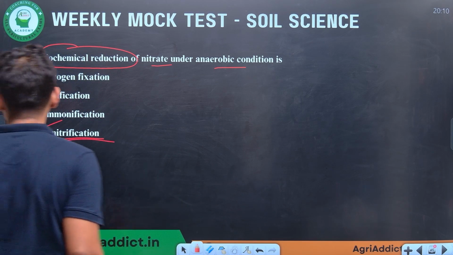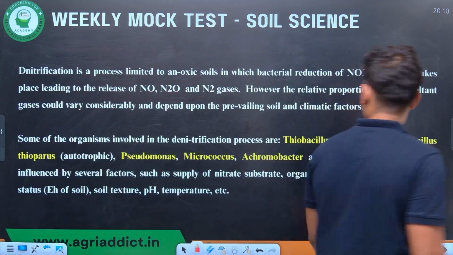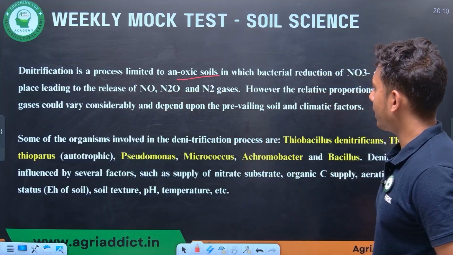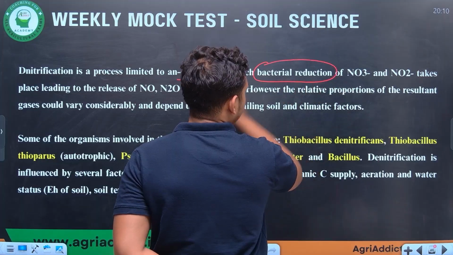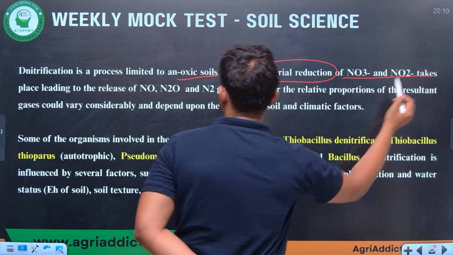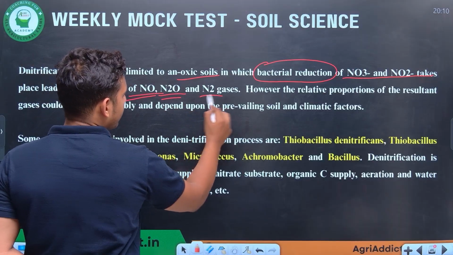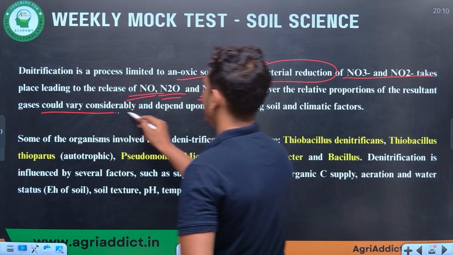Denitrification is a process limited to anoxic soil in which bacterial reduction of nitrate to nitrite takes place, leading to the release of NO, N2O and nitrogen gas. However, the relative proportion of the resultant gases could vary considerably.